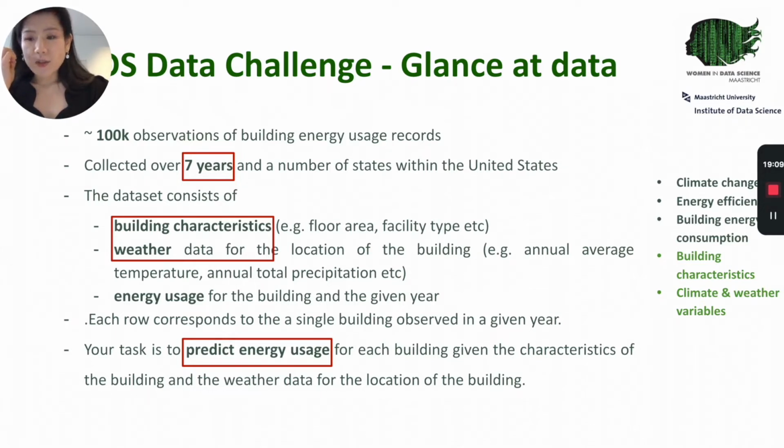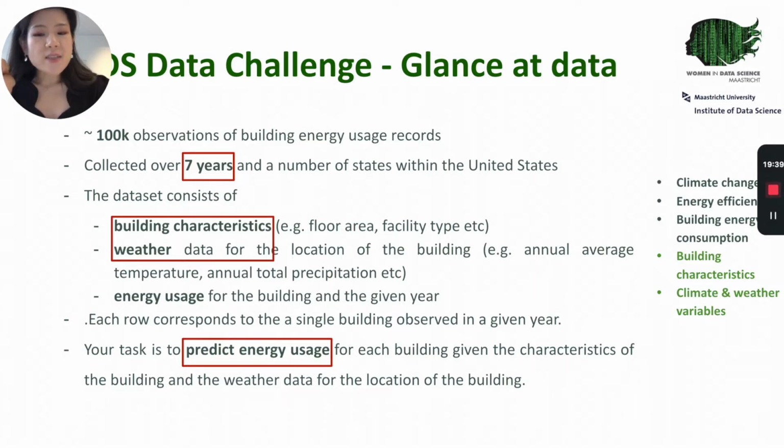For the 7 years, there's a time logic in the dataset. Secondly, the dataset has 2 main groups of features: the building characteristics and weather variables. You have to think why, for instance, the data providers describe them separately, right? There are 2 groups of features that would affect the energy use.